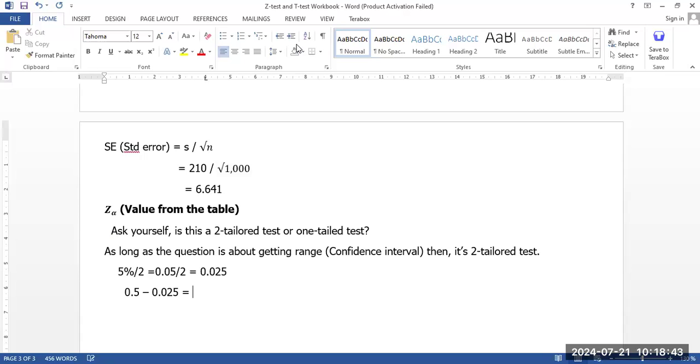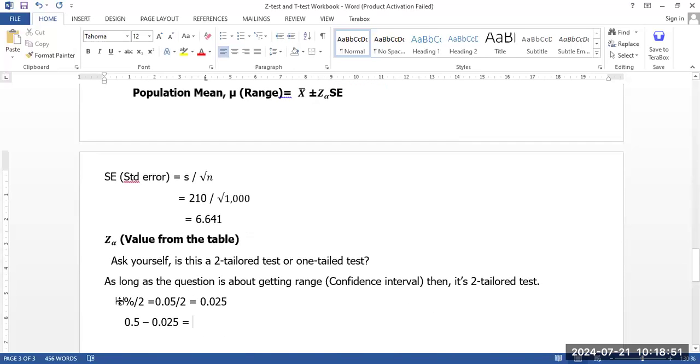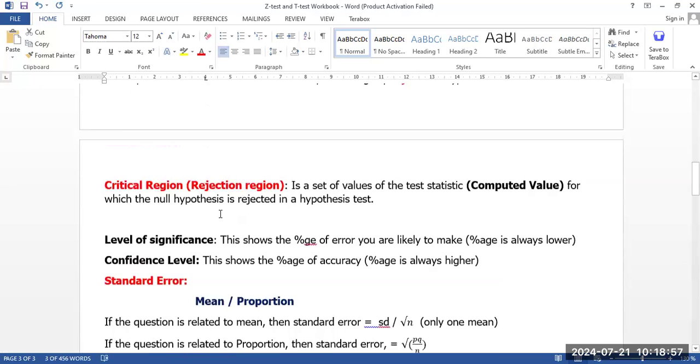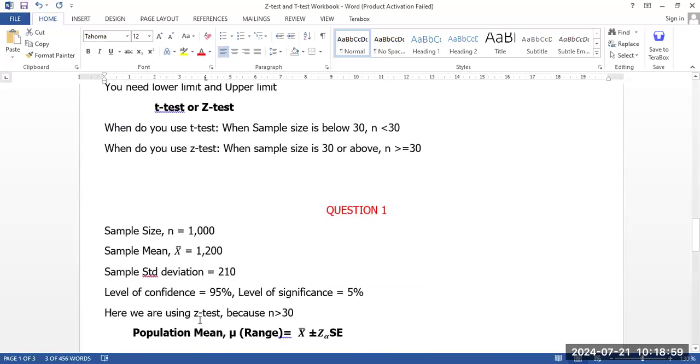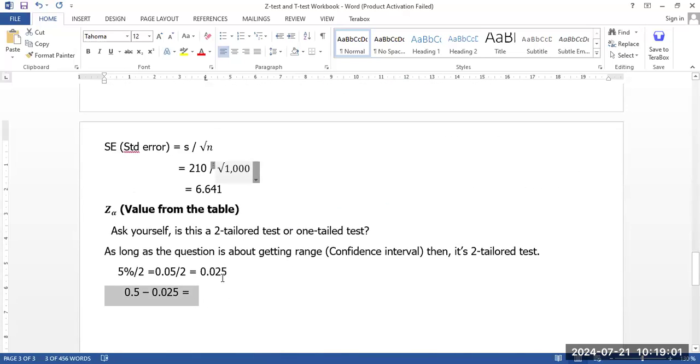Come again. Why are we using 0.5 instead of 0.05? 0.05 was just 5%. Now we are on the next step, whereby you have known you have 2 sides. Each side is 0.025.